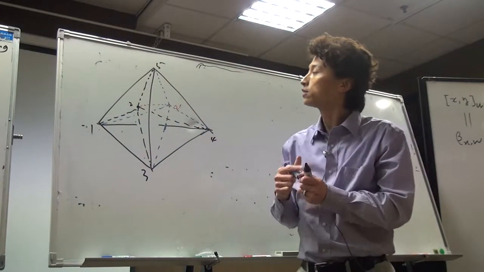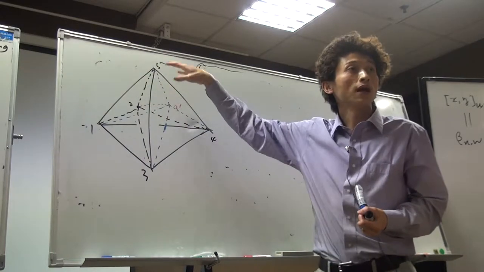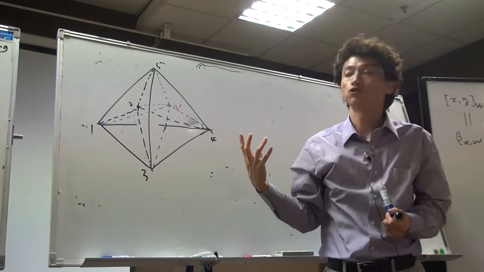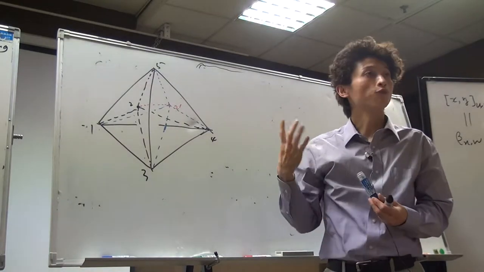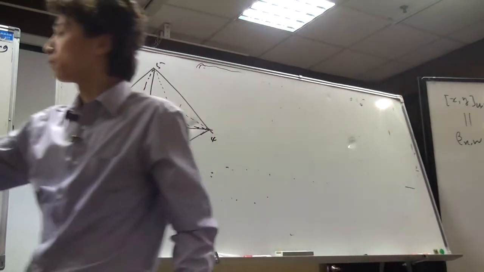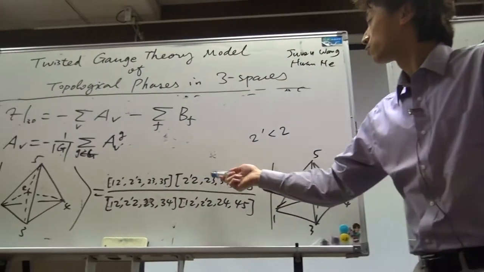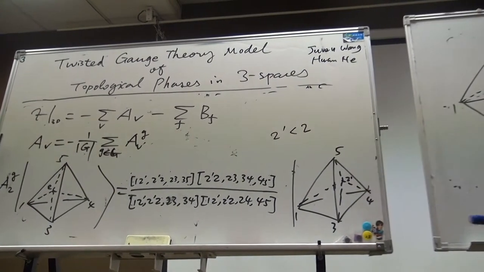Now if you count the 3 complexes that have 2'2 as an edge, there will be just 4 of them. And the 4 of them are precisely these 4: 1, 2 prime, 2, 3, 5, and 2 prime, 2, 3, 4, 5, etc.